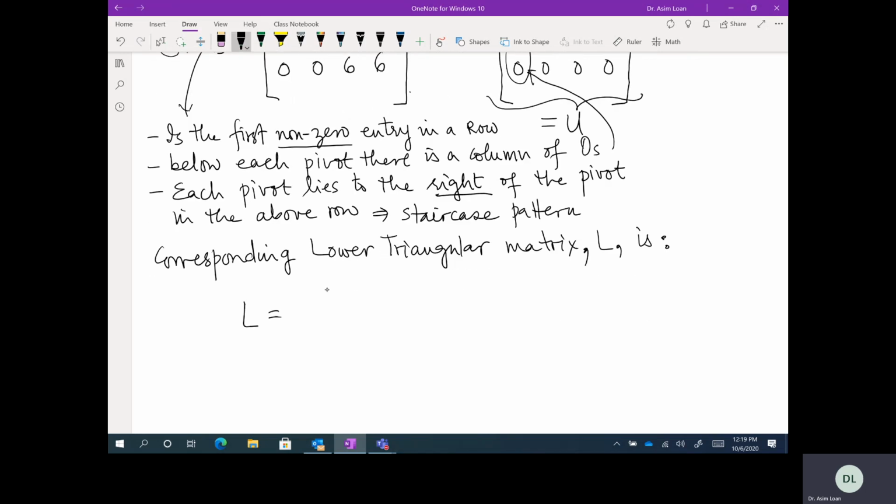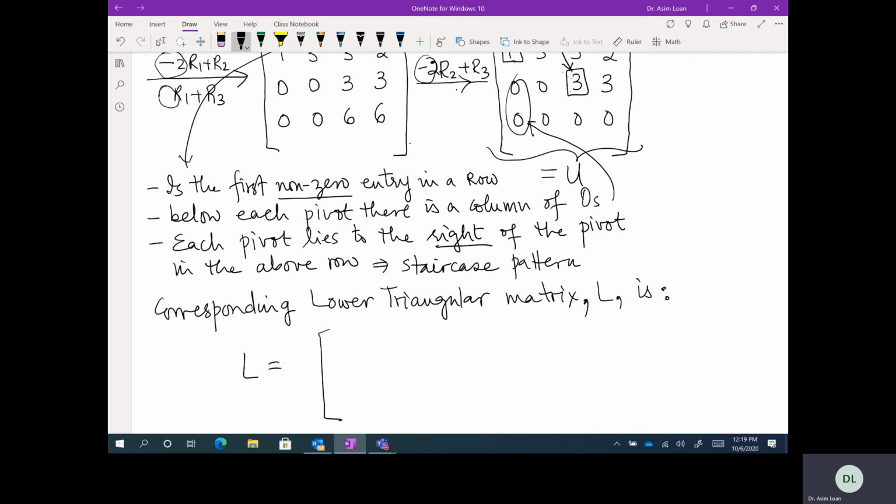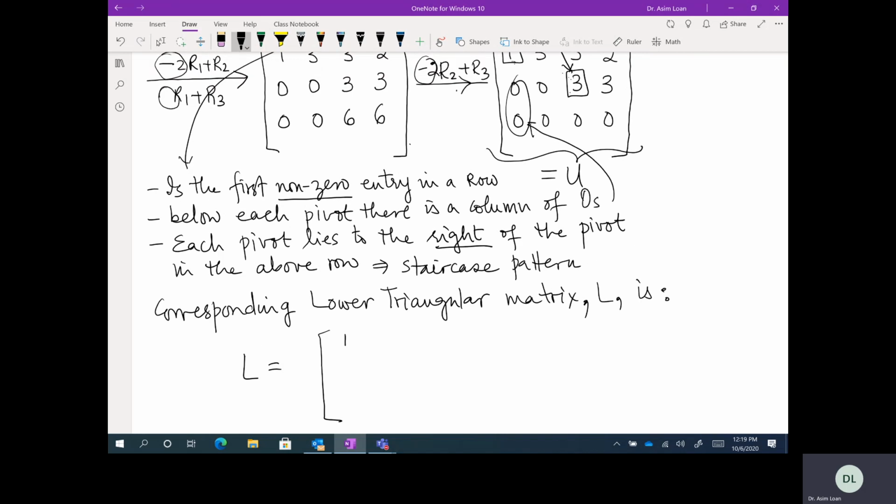So L is equal to, so it's a lower triangular matrix, so 1, 1, 1, because L times U, and U is 3 by 4, so L has to be 3 by 3, so that this 3 cancels with 3.